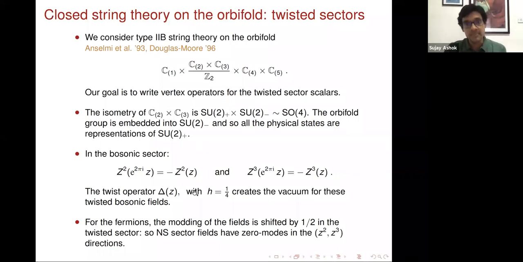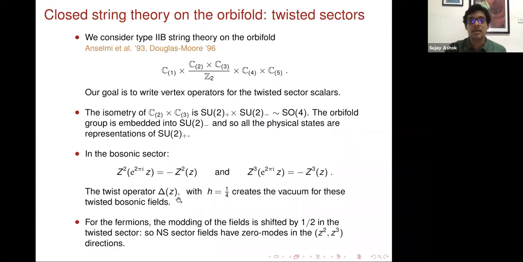In the twisted sector, in the bosonic sector, the scalars have antiperiodic conditions as you go around the closed string. So the ground state is not the usual NS vacuum, but instead is generated by a twist operator with dimension 1/4.